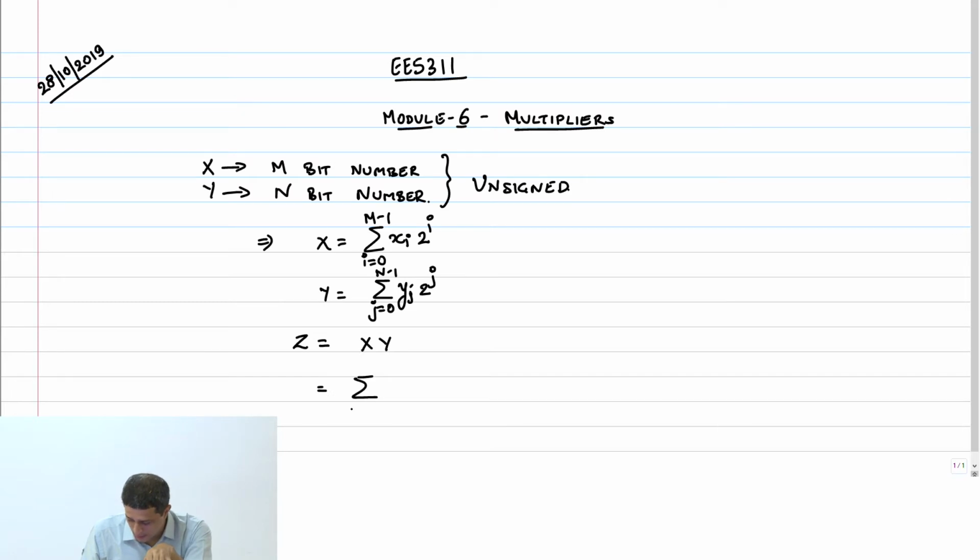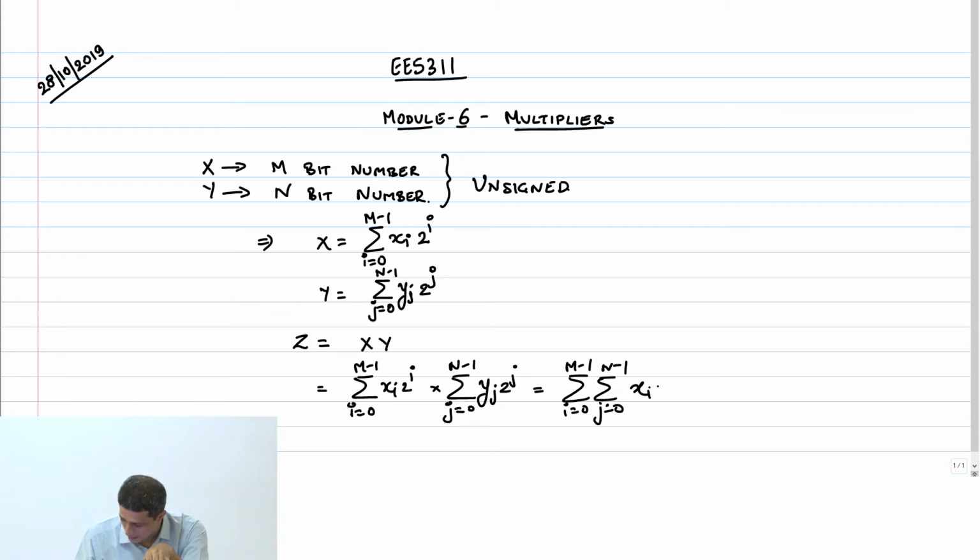This is the summation over i equals 0 to m minus 1 of xi 2 to the power i, into the summation over j equal to 0 to n minus 1 of yj 2 to the power j. This can simply be written as i going from 0 to m minus 1, j going from 0 to n minus 1, xi yj into 2 to the power i plus j.